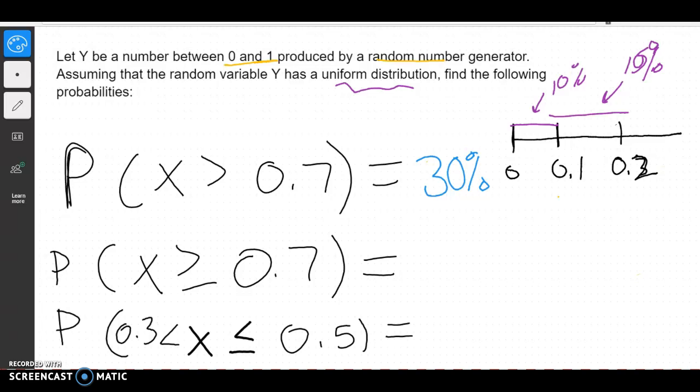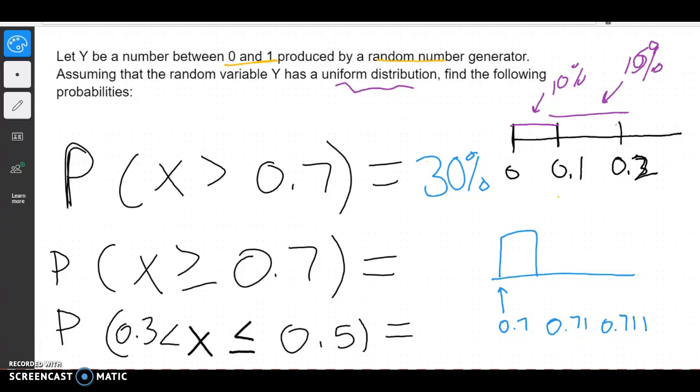And now when we think about 0.7 being equal to, it actually doesn't make that much of a difference, because what we're talking about is one teeny tiny number in the grand scheme of things. If we include 0.7 instead of removing it, you still have all the numbers out there, like 0.71, 0.711.